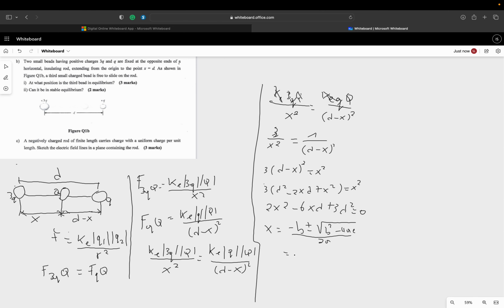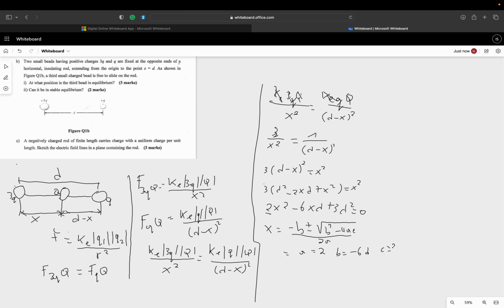Now what is our a? Our a from our equation is 2. Our b is negative 6d, and our c is 3d squared.